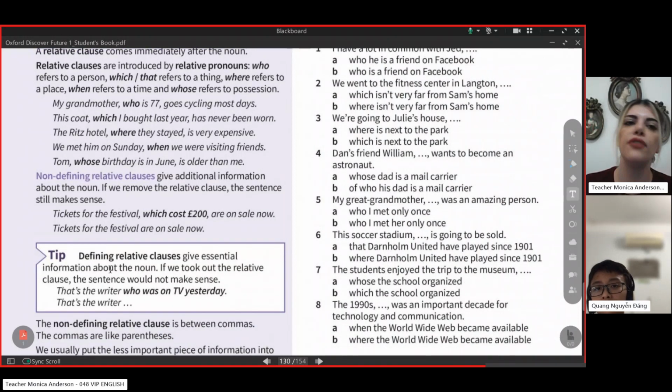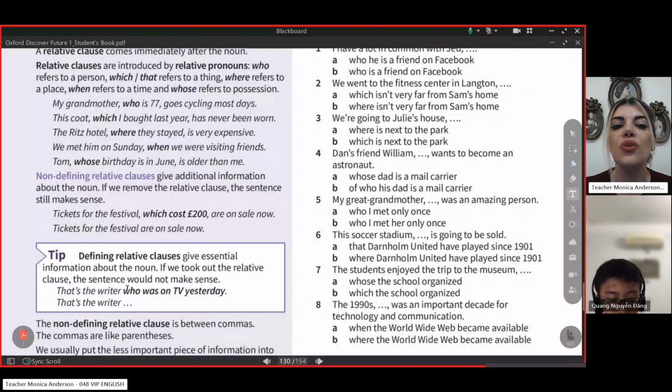And of course, we have defining relative clauses that give essential information, so they can't be removed. If we took out the relative clause, the sentence would not make sense. For example, that's the writer who was on TV yesterday. If I remove this, that's the writer. Which writer? Who?